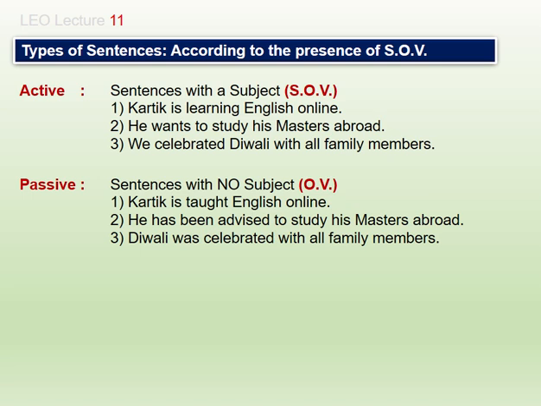So who teaches Karthik? Nobody teaches according to the sentence. So there must not be a subject in passive sentences. In the second and third examples also, the activities of advising and celebrating have no doer, and that's why there is no subject in them, and that's why they are considered passive sentences. For example, in the second example, he has been advised. Who has advised?